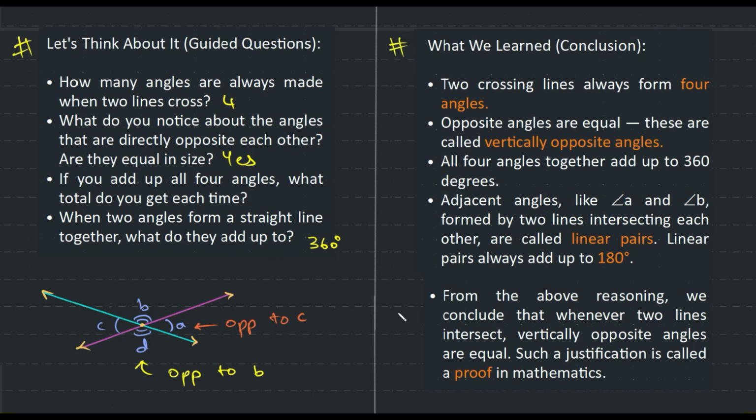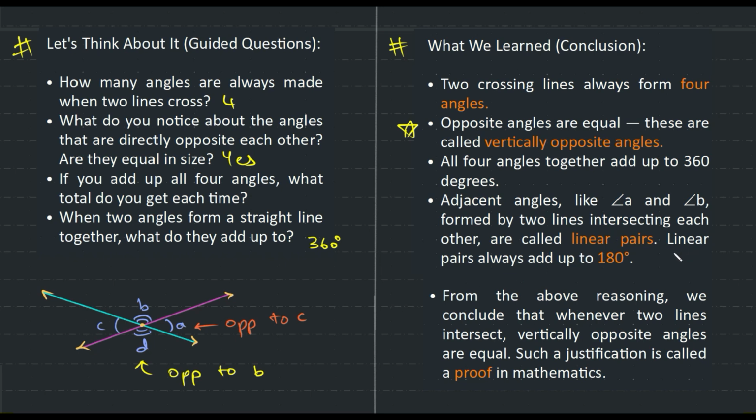Finally, 2 crossing lines always form 4 angles. Opposite angles are equal. They are called vertically opposite angles. So this is something that we'll keep using. All 4 angles together always add up to 360 degree. We saw that. Adjacent angles like A and B in this case, formed by two lines intersecting each other, are called linear pair. Linear pair always add up to 180 degree.